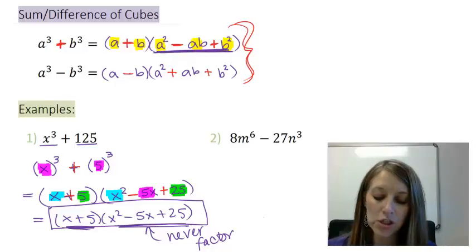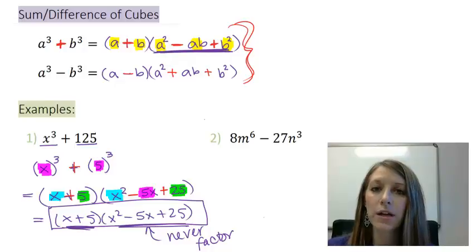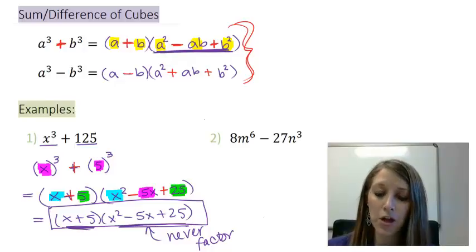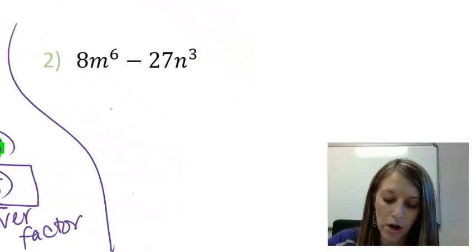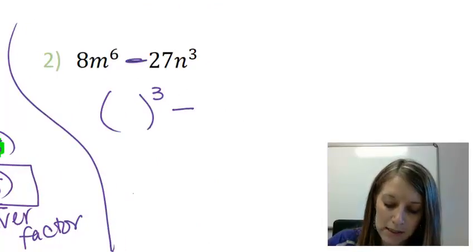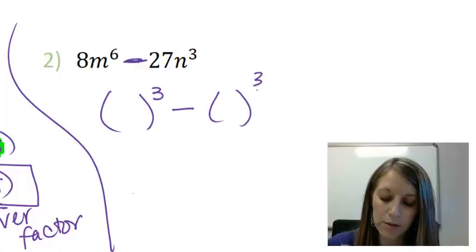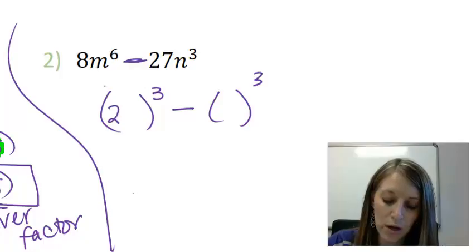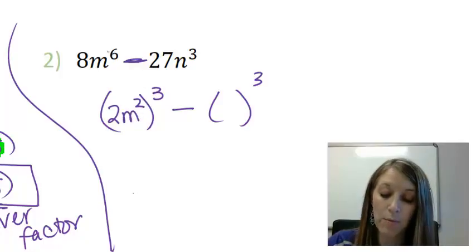All right, first question, do I have any common factors throughout? And I do not. Since we're working examples of factoring by cubes, let's make sure that these are cubes. So I need something cubed, in this instance, minus something cubed. In my first parentheses, a 2 cubed will give me 8, and an m squared cubed will give me m to the 6th.